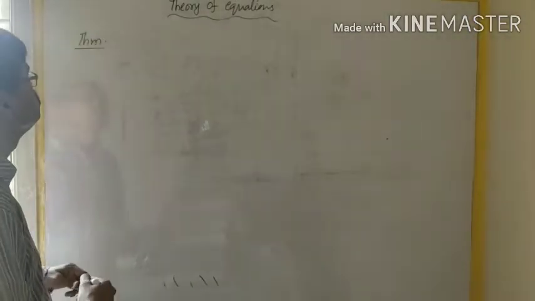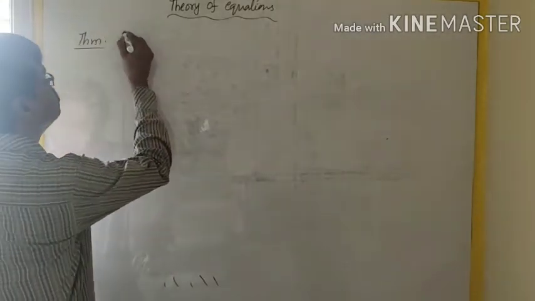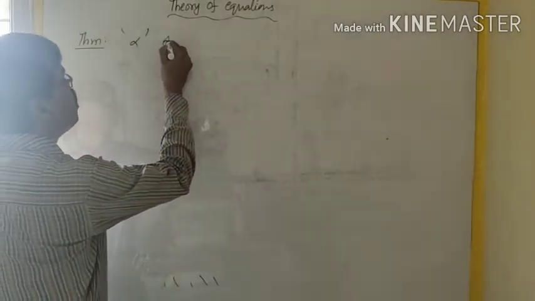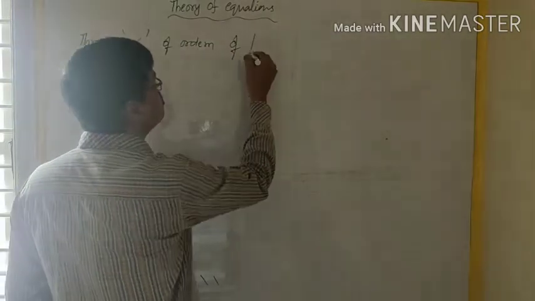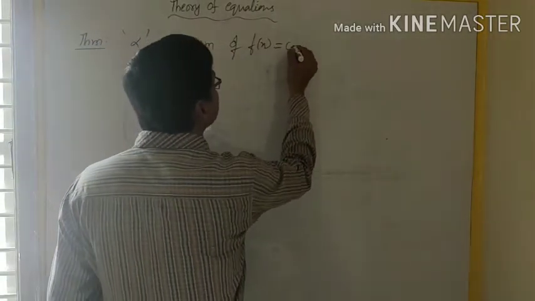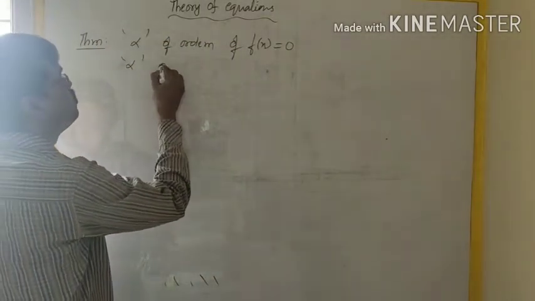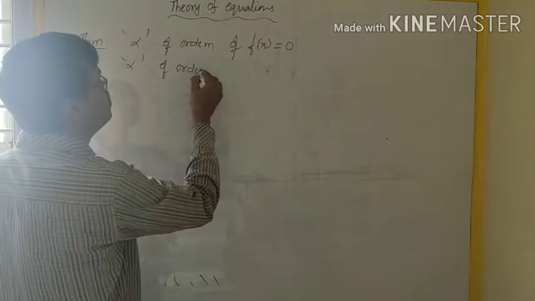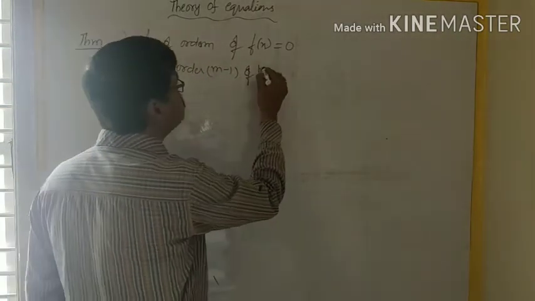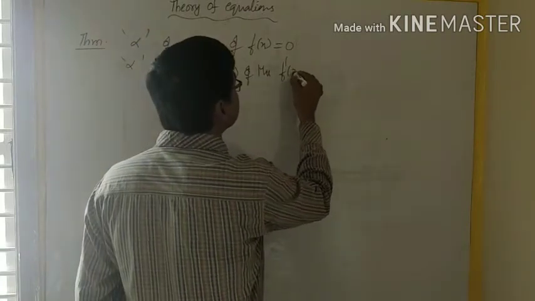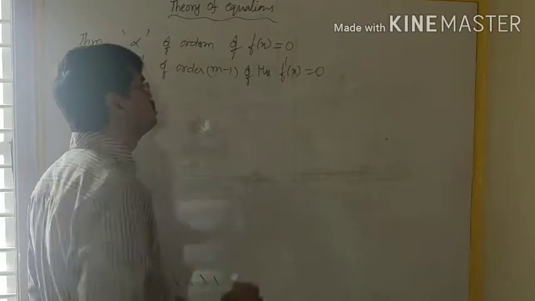Now see one theorem based on multiple roots. Suppose alpha is a multiple root of order m of the equation f of x equal to 0, then alpha is a multiple root of order m minus 1 of the equation f dash of x equal to 0. f dash of x is the derivative of f of x.